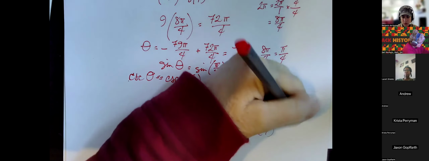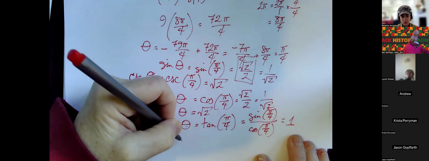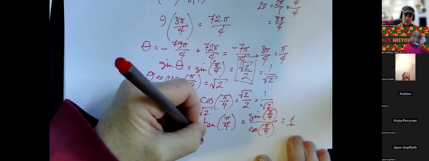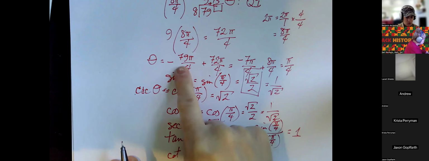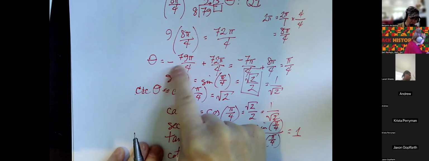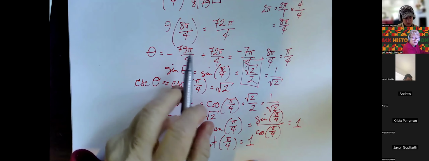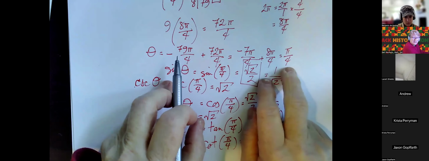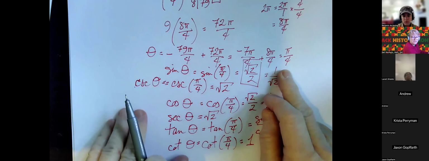One. Good. If the tangent is 1, what is the cotangent? Should also be 1. Good. Very good. So those are the 6 values for the angle being negative 79 pi over 4, because we were able to see that it was indeed in quadrant 1, which means it was the same as all of the trig functions for pi over 4.